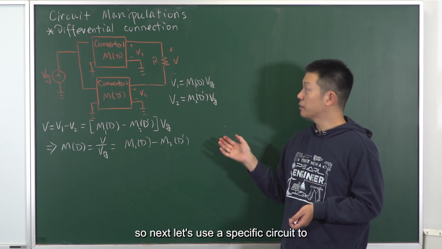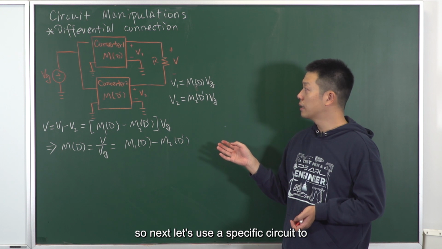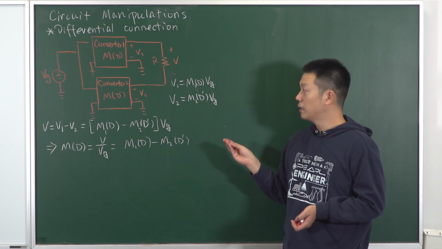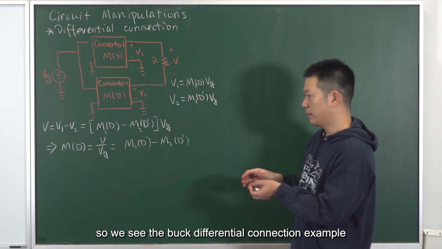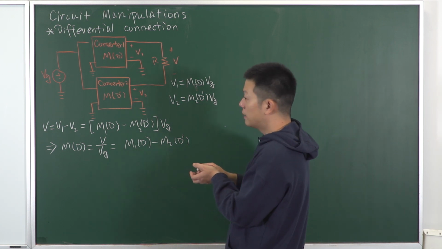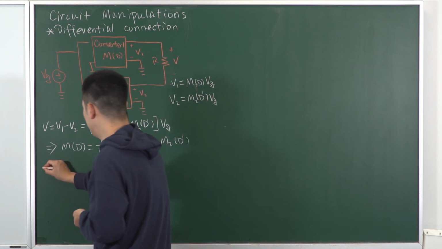So next, let's use a specific circuit to see what we can achieve. Again, we use our favorite topology, which is the buck converter. So we see the buck differential connection example.